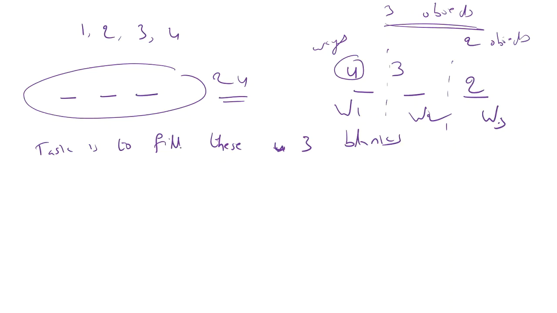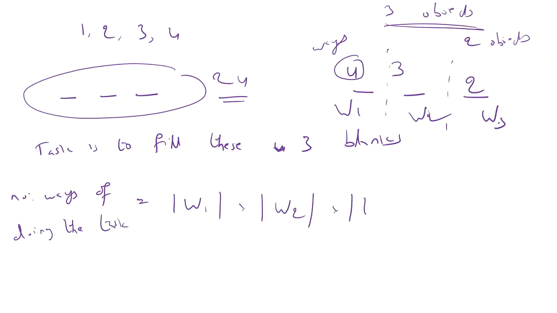The total number of ways of doing the task is the number of ways of doing W1 times the number of ways of doing W2 times the number of ways of doing W3, which is 4 times 3 times 2, which is 24. We have seen this in the previous example.